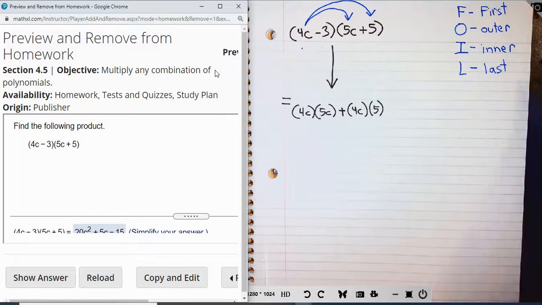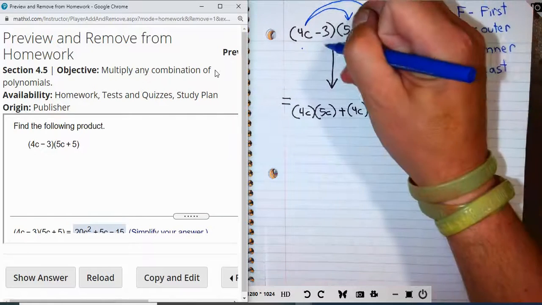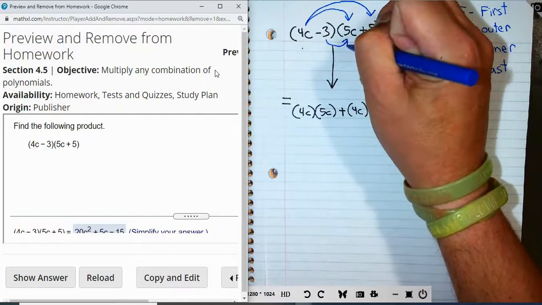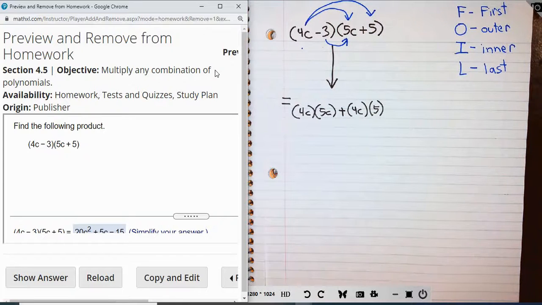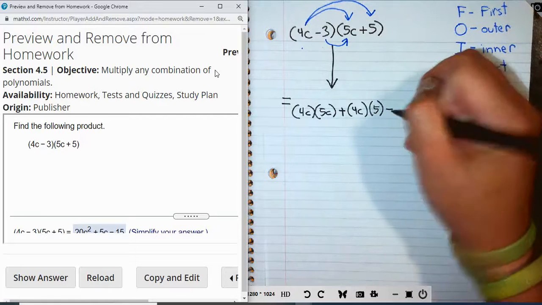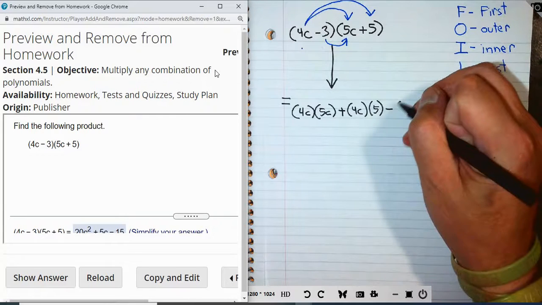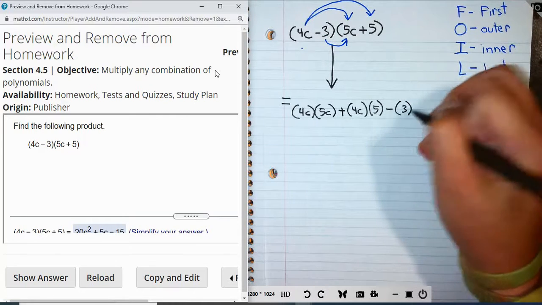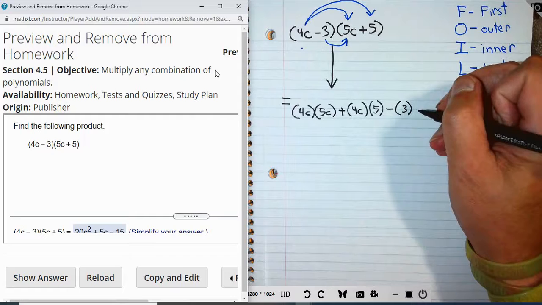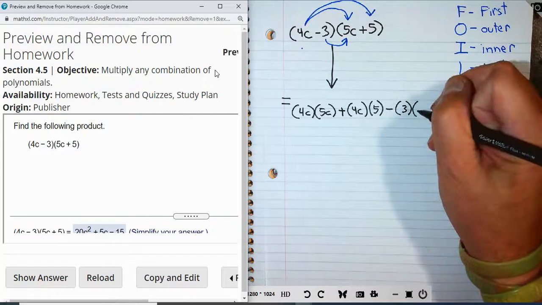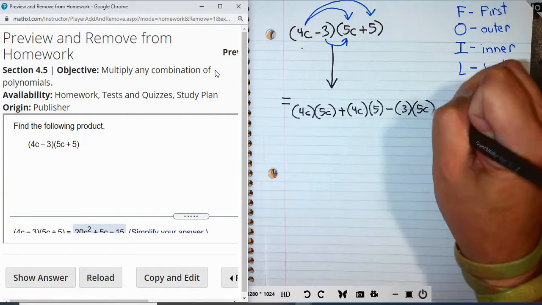Then we're going to do the I in FOIL, which is inner. So that would be negative 3 times 5c. It's going to take a negative sign because I have a negative and a positive. So I've got 3 times 5c. Okay.